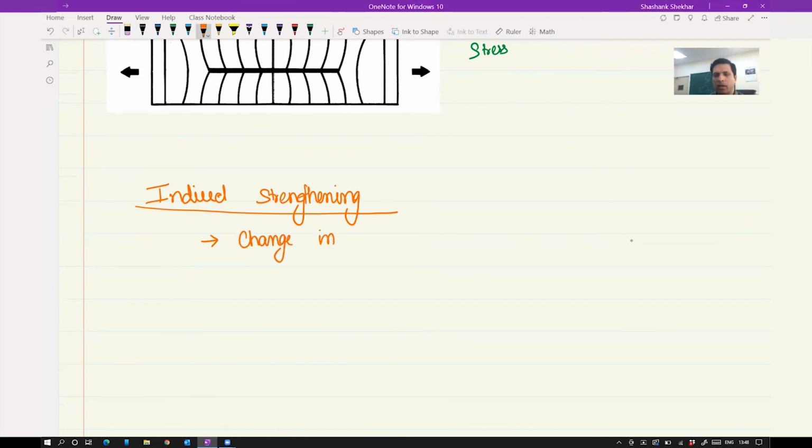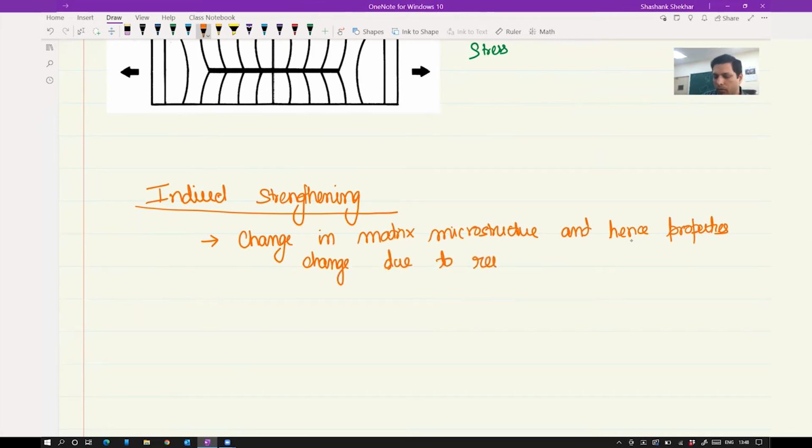So this strengthening is happening via the microstructure. First there is a change in the matrix microstructure and hence the properties, due to reinforcement.